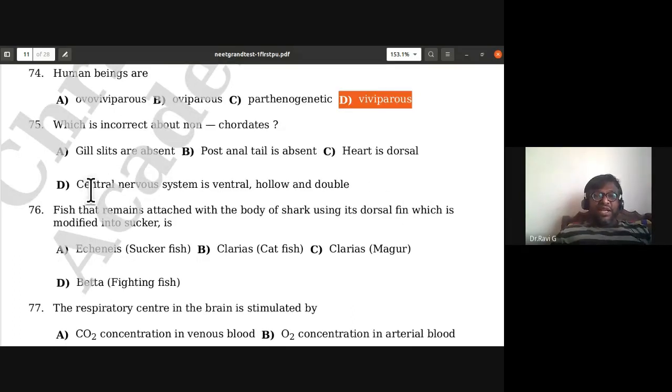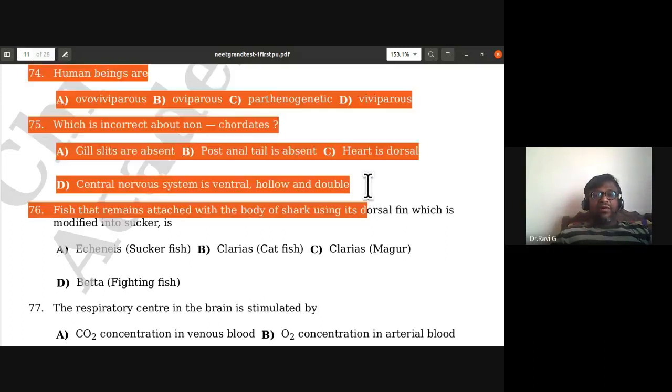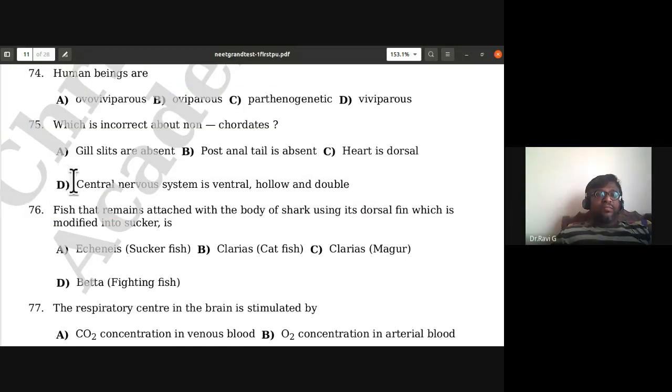See, the incorrect statement about invertebrates is: central nervous system is ventral, hollow, and double. This is for chordates, this character, and it is not a character of the invertebrate. So the central nervous system being ventral, hollow, and double is an incorrect statement about non-chordates.